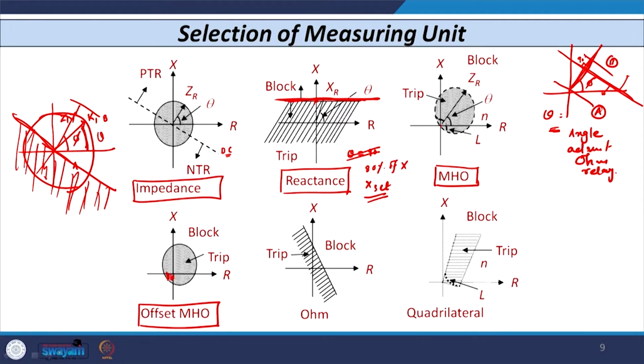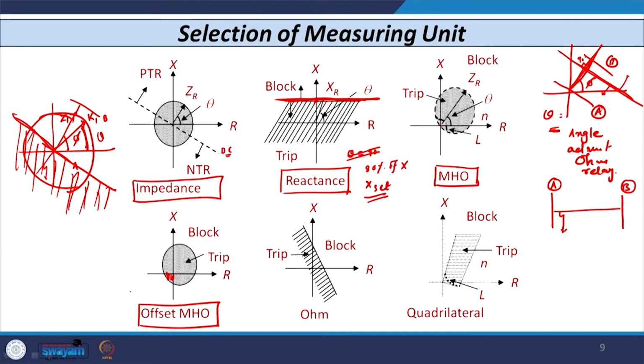This is mainly done because whenever a fault occurs very near to the bus, suppose we have a line connected between two buses A and B, and a close-in fault occurs somewhere here, then it may be possible that your point may fall inside this region. To avoid that, usually we use the offset mho type characteristic. The function of the offset mho characteristic is similar to the mho type characteristic.